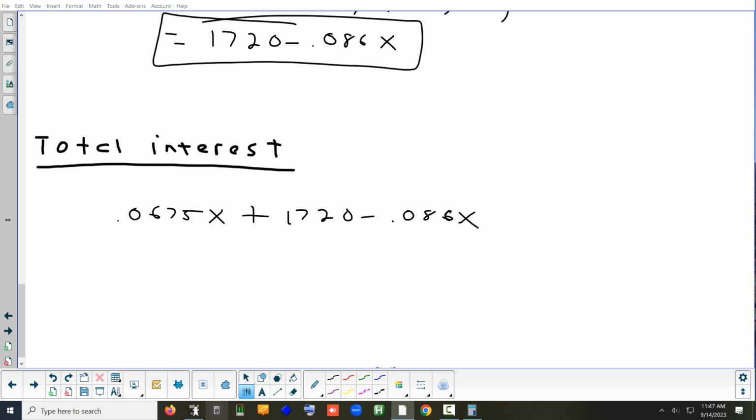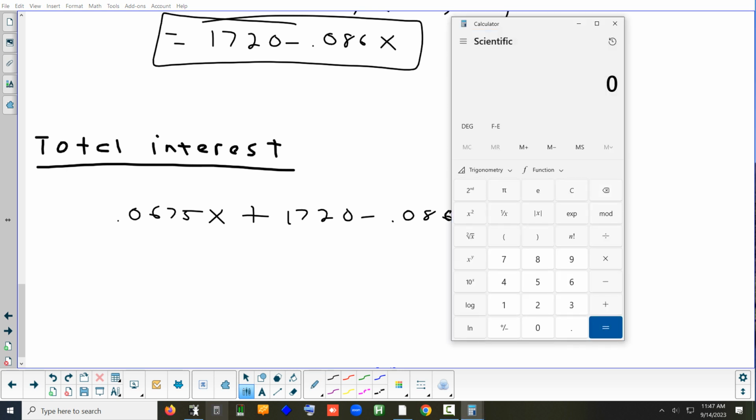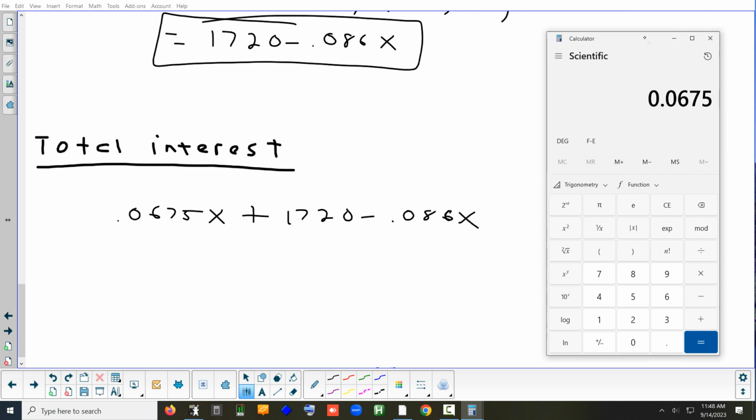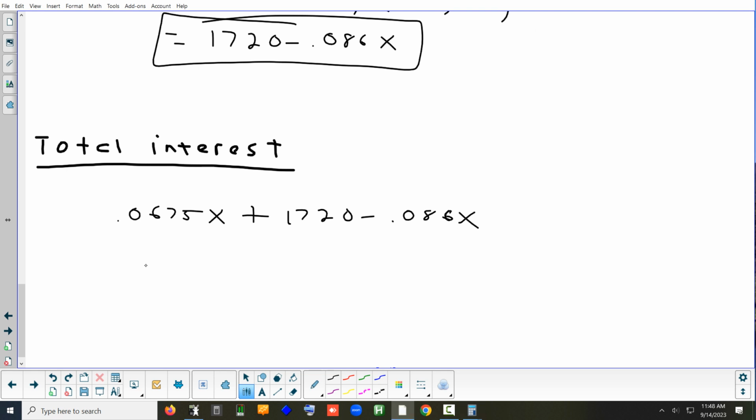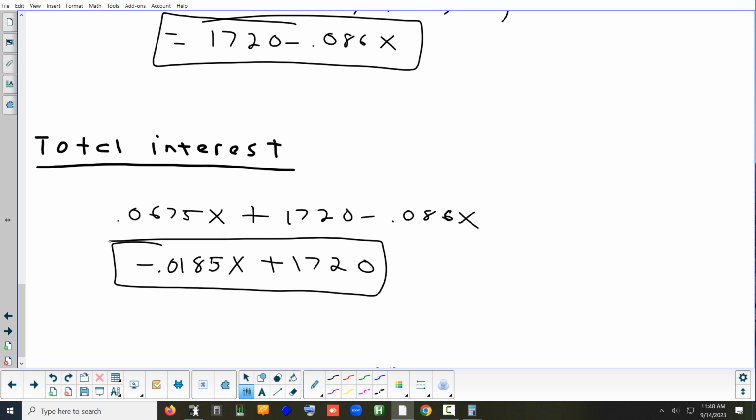So that's 0.0675 minus 0.086. So that gives me negative 0.0185 when you combine the x's. So that is the formula for the total interest.